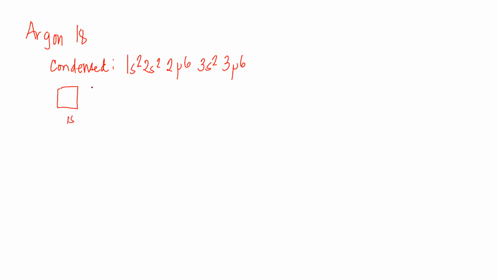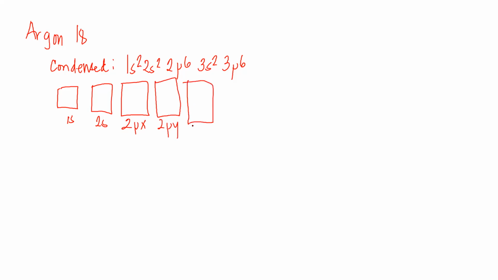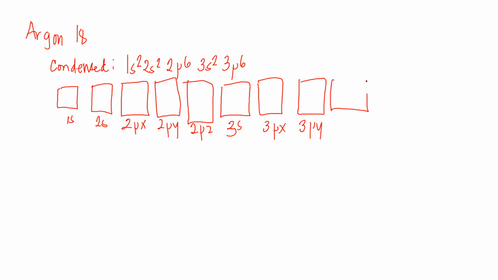For 1s, for 2s, 2px, for 2py, for 2pz. Why is my box getting bigger and bigger? For 3s rather, and for 3px, 3py, and 3pz.